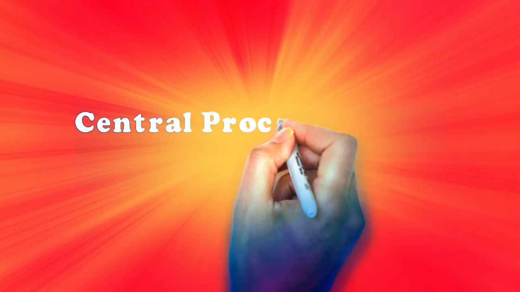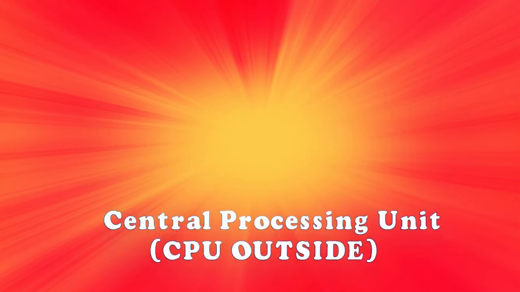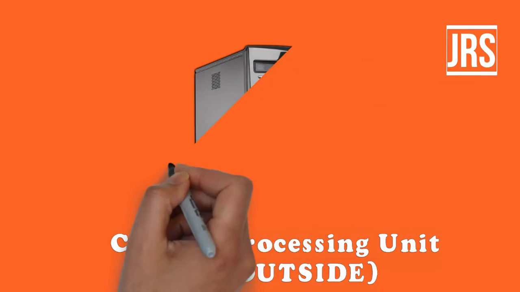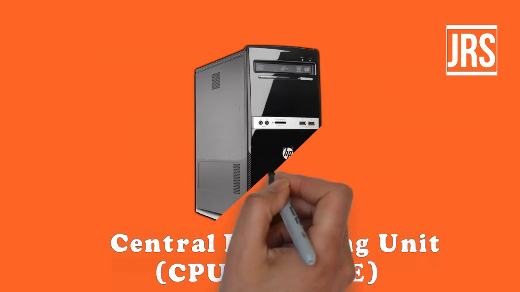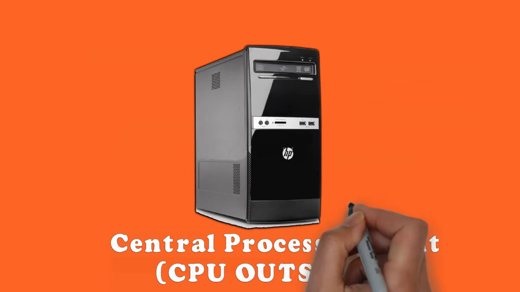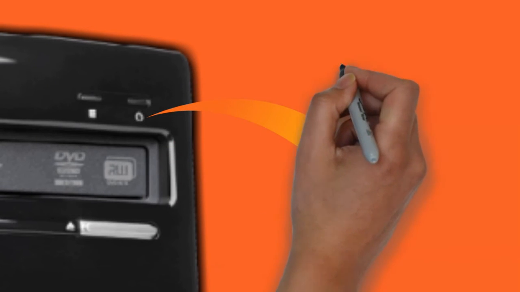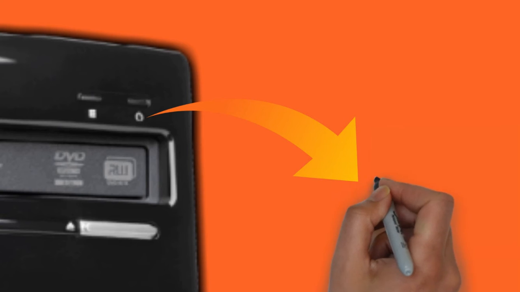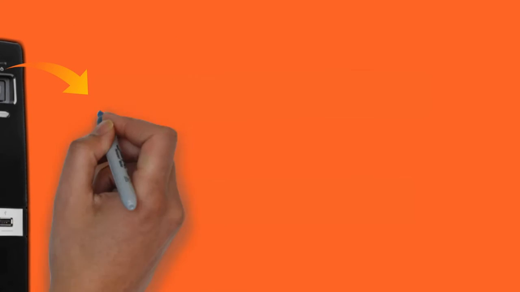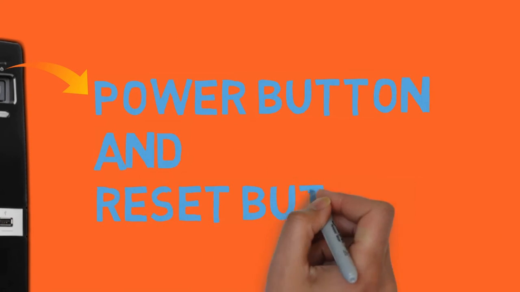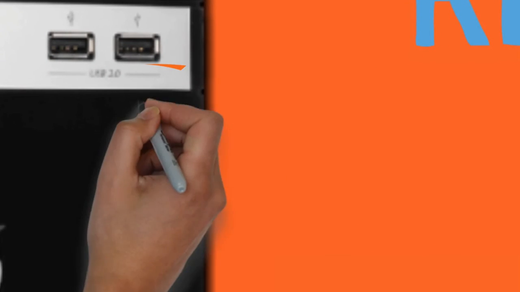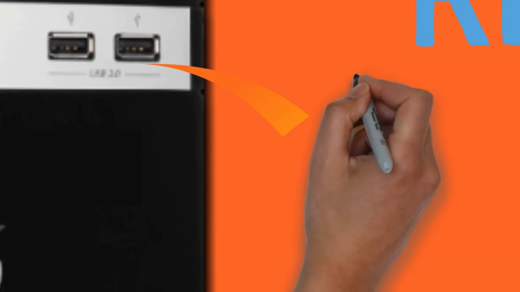Now we will see the CPU, Central Processing Unit. You can see a picture of the CPU from the outside. It contains a power button with the reset button. On the lower side of the CPU, you will see two slots.